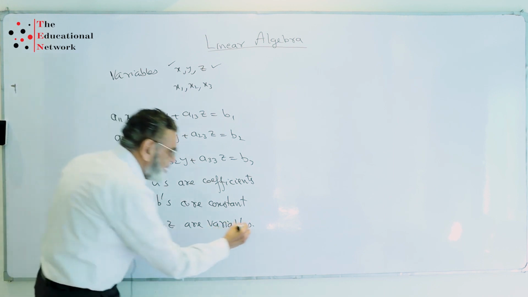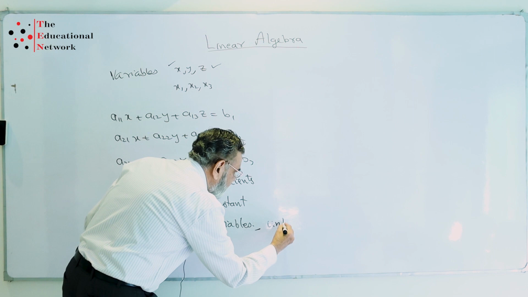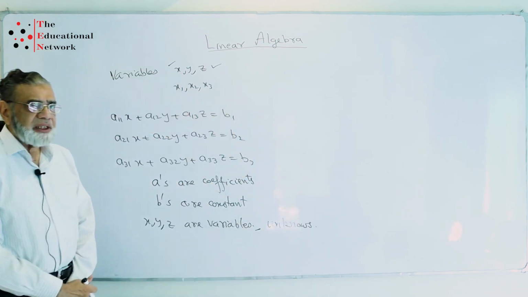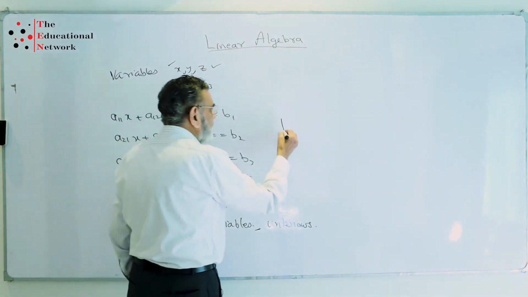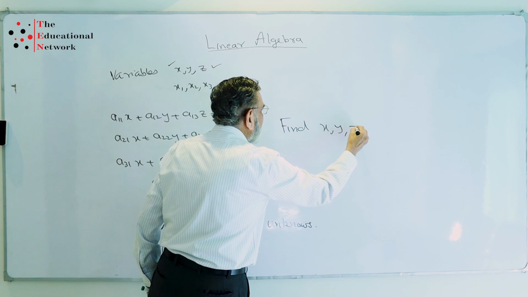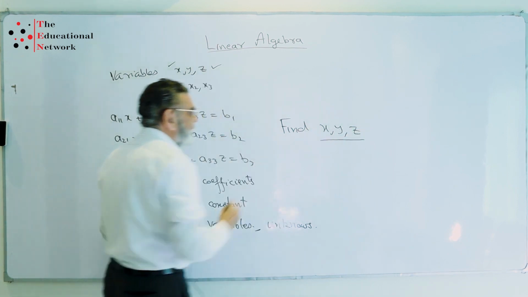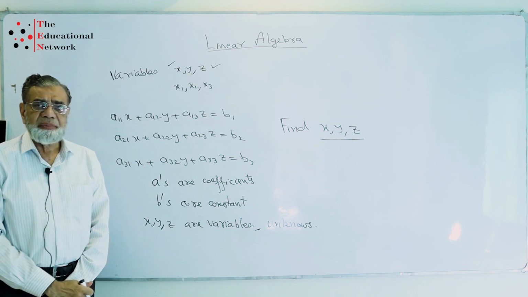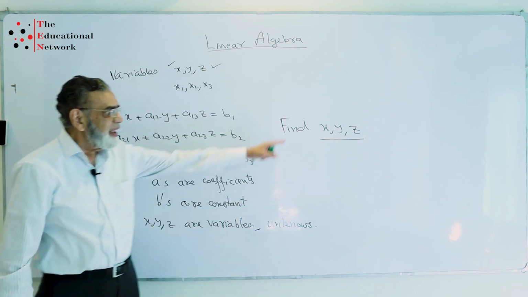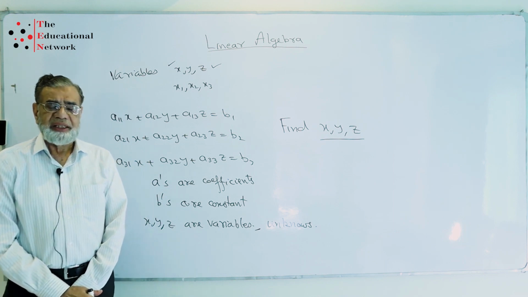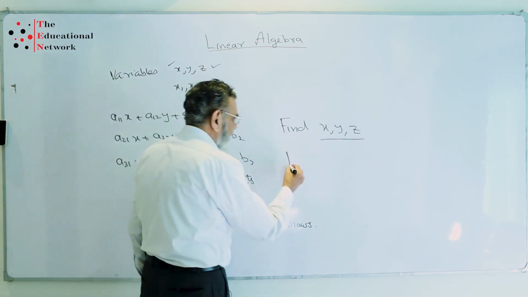We say they are variables, or we say unknowns. The problem in linear algebra is that we want to find these unknowns, x, y, z, in our problem. We are given the equations where our a's are known, our b's are known, and our unknowns are x, y, and z. Then we want to find the values of x, y, z. And here comes the linear algebra.